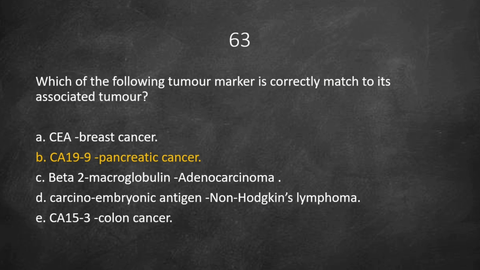That's also incorrect because CEA is elevated in various cancers, and is particularly associated with colorectal cancer. Then CA15-3 is used as a tumor marker for breast cancer and not colon cancer. So the correct answer here is B, CA19-9, that's pancreatic cancer.